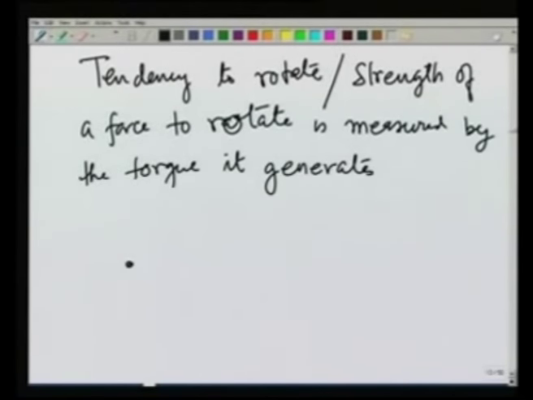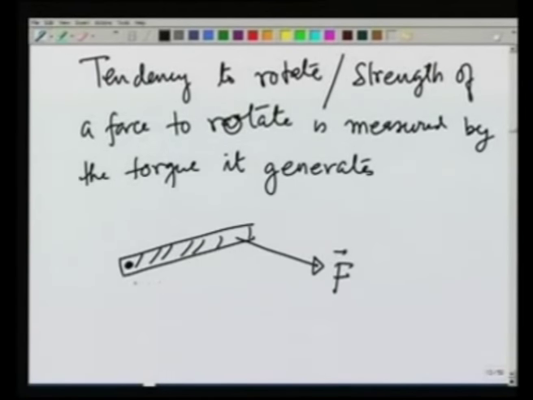For example, suppose I have a body which is held at one point, and if I apply a force in this direction at a displacement r from the point at which it is held, then the torque is given by r cross F, or the vector product of the displacement of the point at which the force is applied and the force.